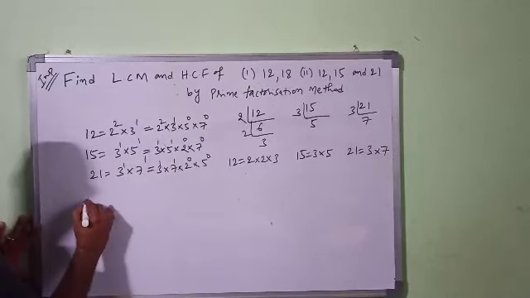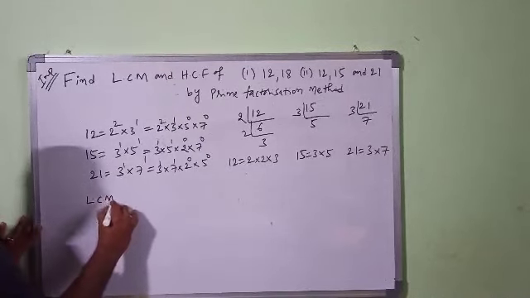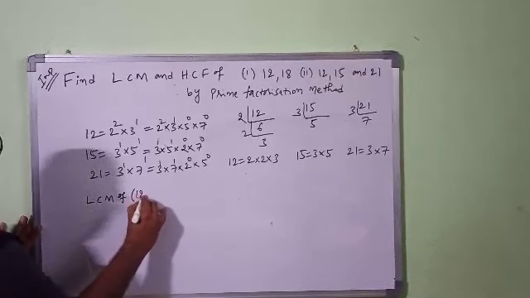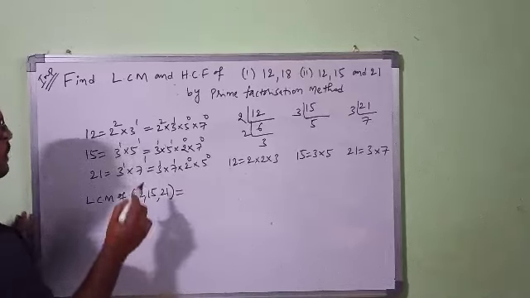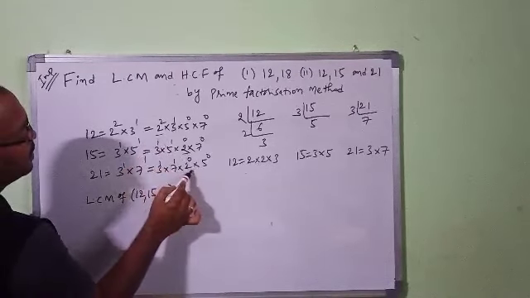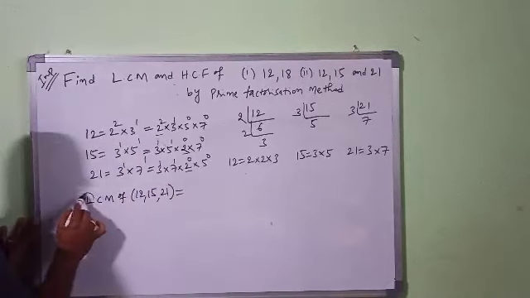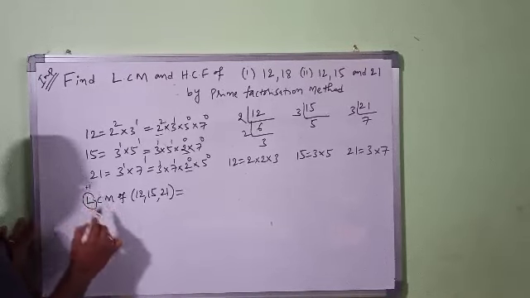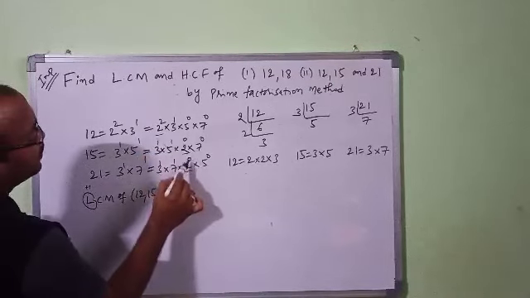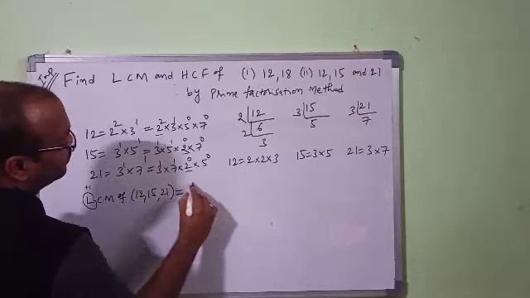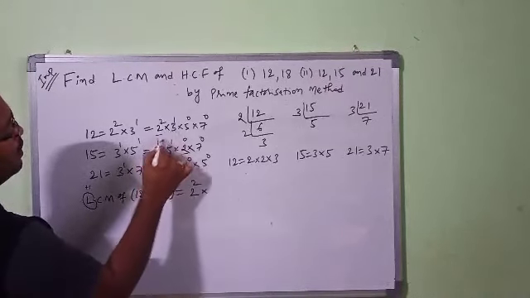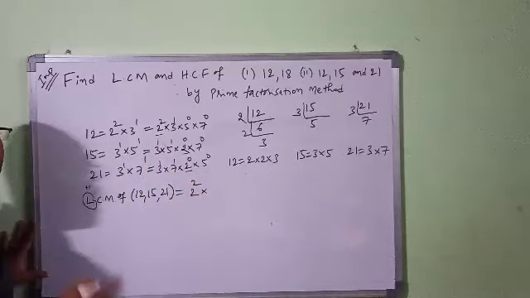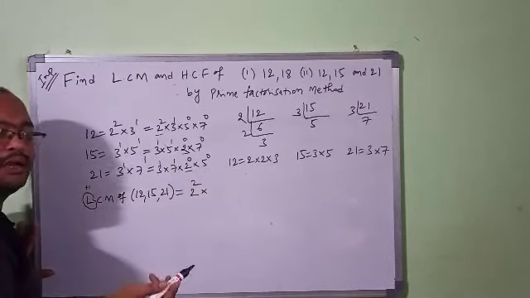Now, LCM of 12, 15, 21 is equal to. Now I am taking 2. 2 is common. We already know for L, we will take the highest. So 2 square, 2 power 0, 2 power 0, the highest is 2 square. Again 3. All three contain power 1 only, so the highest is 3 and the least is also 3.